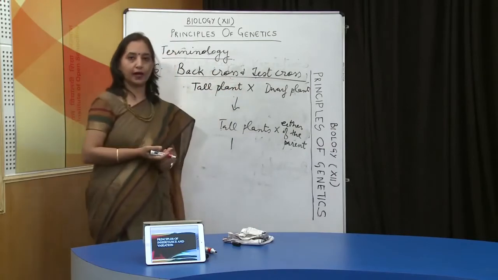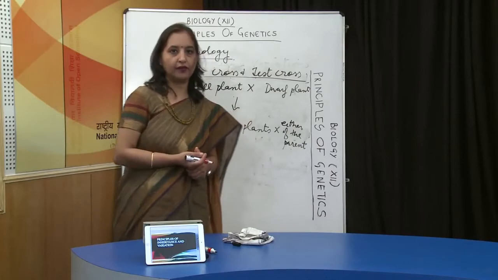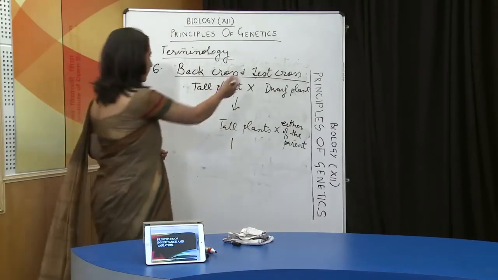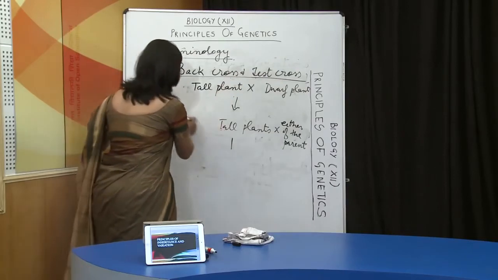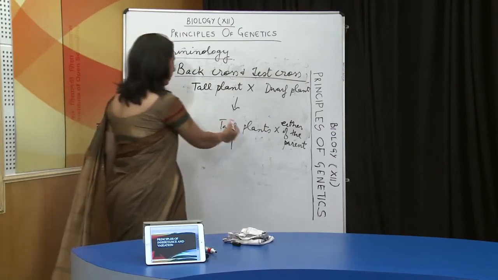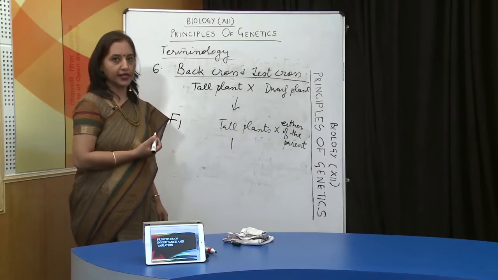Why is it called a back cross? Because we are using either of the parents for crossing to obtain the second generation. Test cross: when the first generation, this F1, is crossed only with the recessive parent, that's called a test cross.